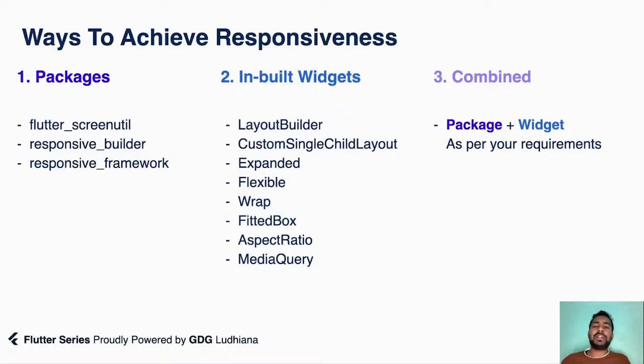If you want to achieve responsiveness by using widgets, then you can go for Layout Builder, Custom Single Child Layout, Expanded, Flexible, Wrap, Fitted Box, Aspect Ratio, Media Query, and many other widgets as well. You can use any widgets to achieve responsiveness. Another way is you can use both packages and widgets to achieve responsiveness as per your requirements.